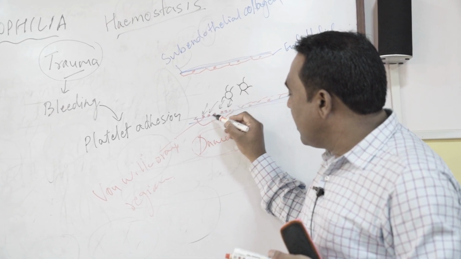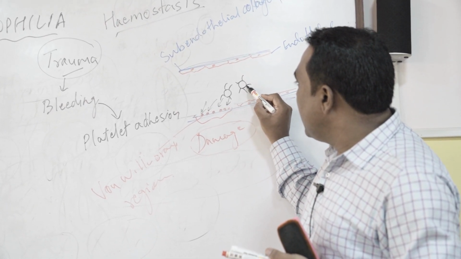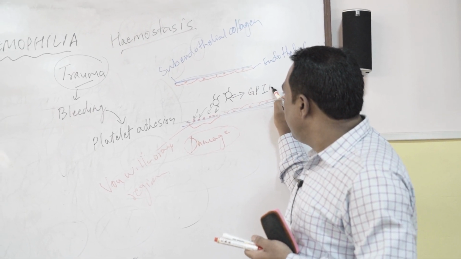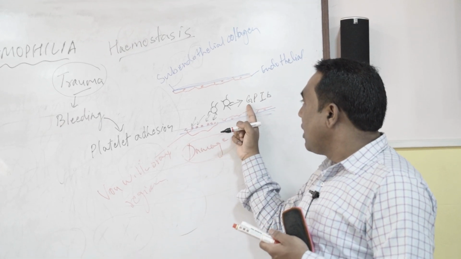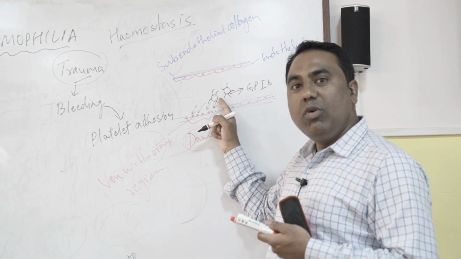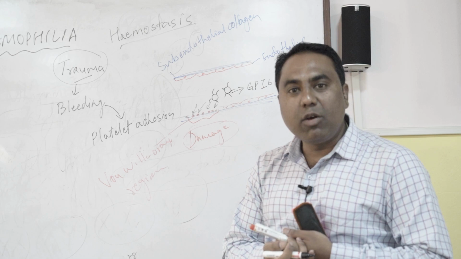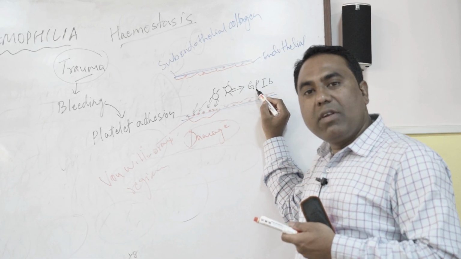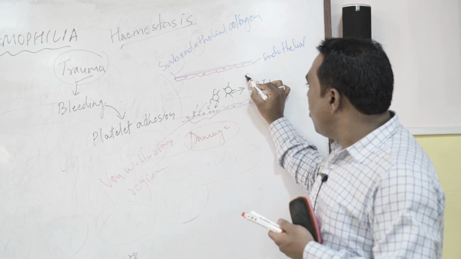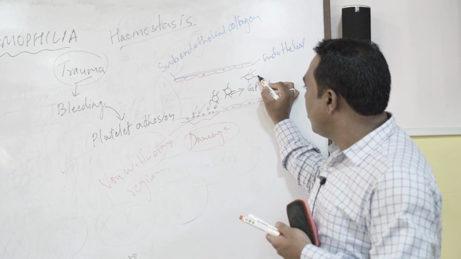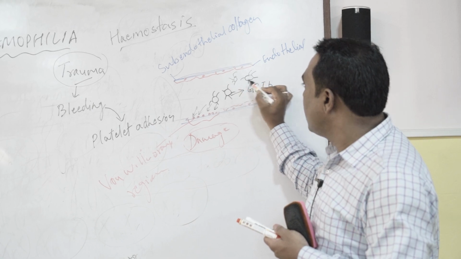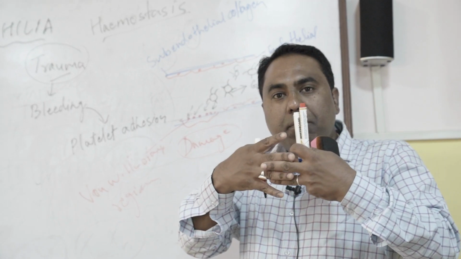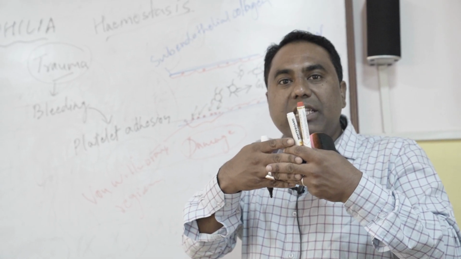As these platelets come and attach to this region, they are going to expose GP1B type of protein, which is glycoprotein. On their membrane, they are going to expose GP1B type of glycoprotein molecules. Now with this exposure, more and more amount of these platelet molecules will come and attach to each other, forming a proper kind of cross-linking material, right?